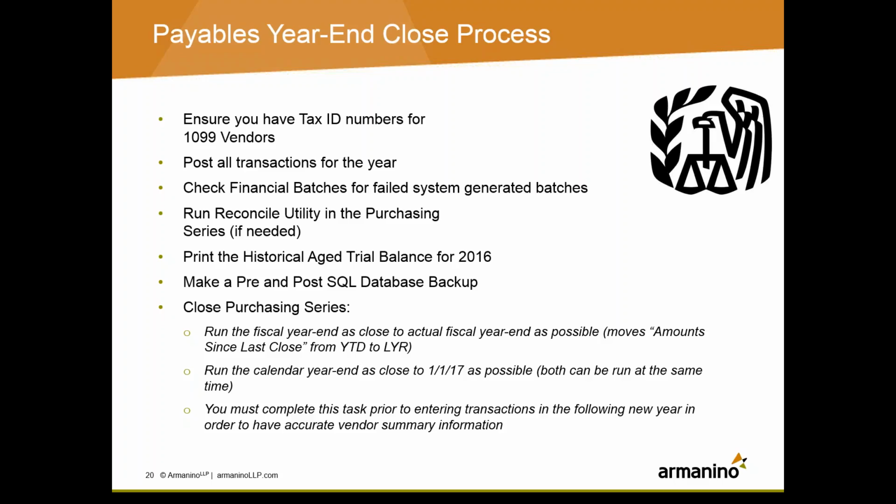You do want to make sure you run the reconcile utility in purchasing and payables if needed, meaning that if you complete your normal month-end process where you compare your payables historical aged trial balance to your GL trial balance, and everything ties, you're totally fine.